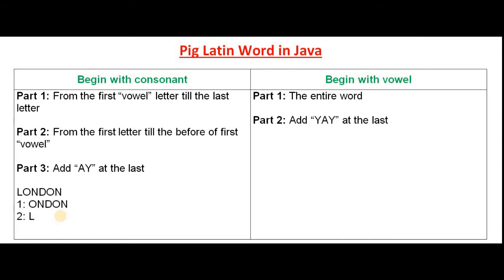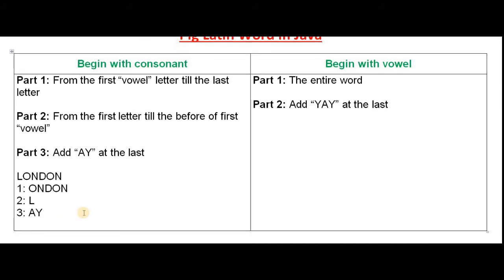Over. Now next, number 3. The third part: there is no logic for the third part. There was of course logic for the first part and second part, but in the last part there is no logic. Compulsory we have to add ay. So the entire word we are getting here by adding these one by one.